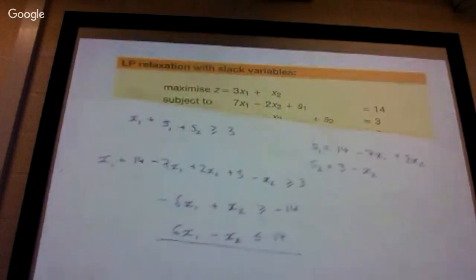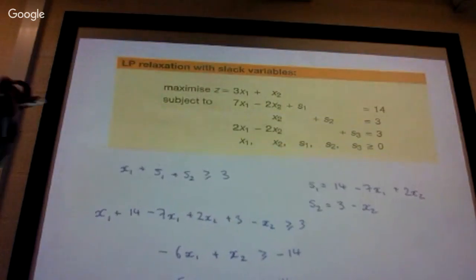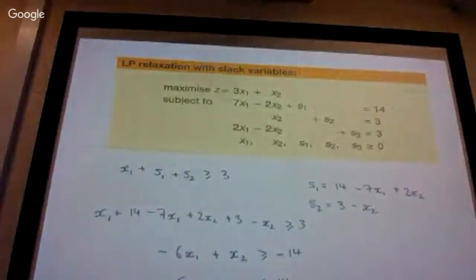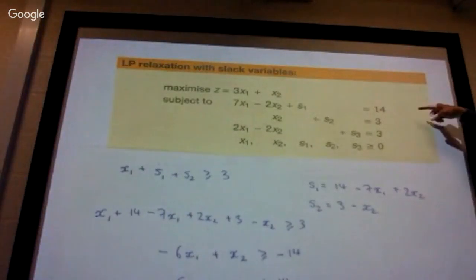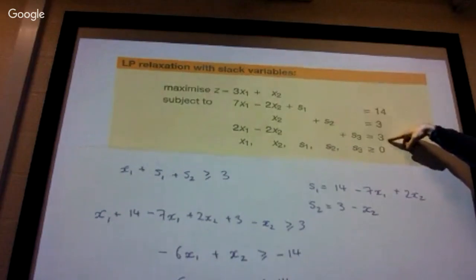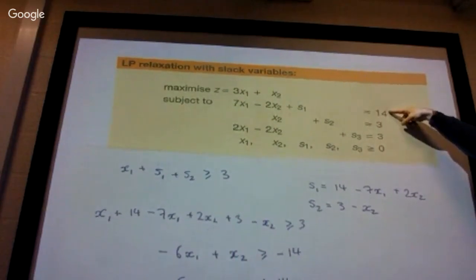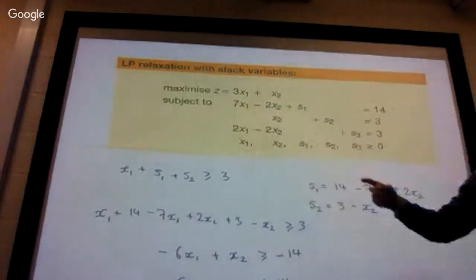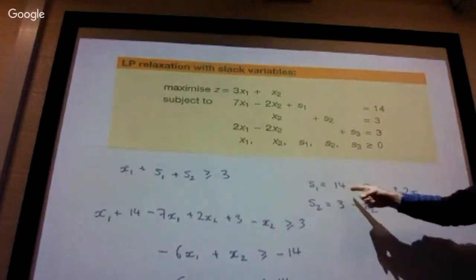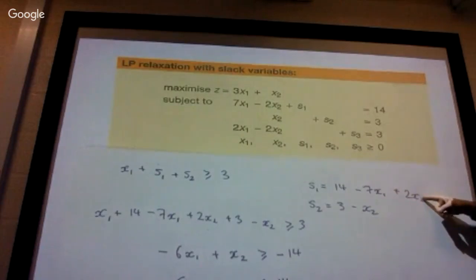where you have this formulation with slack variables. These equations tell you what S1, S2, and S3 are. So the first equation tells you, when I put x1 and x2 on the right hand side, that s1 is 14 minus 7x1 plus 2x2.